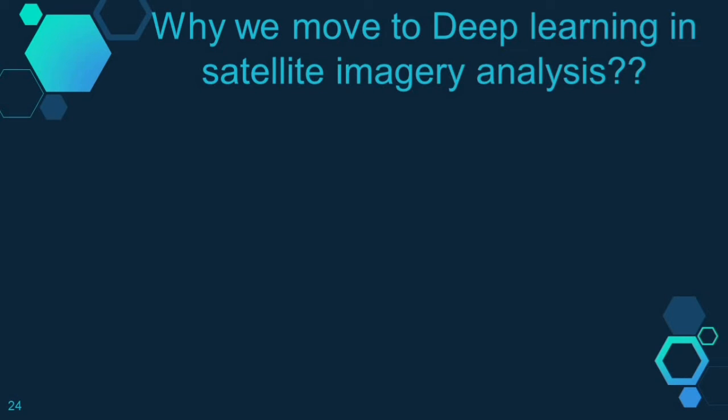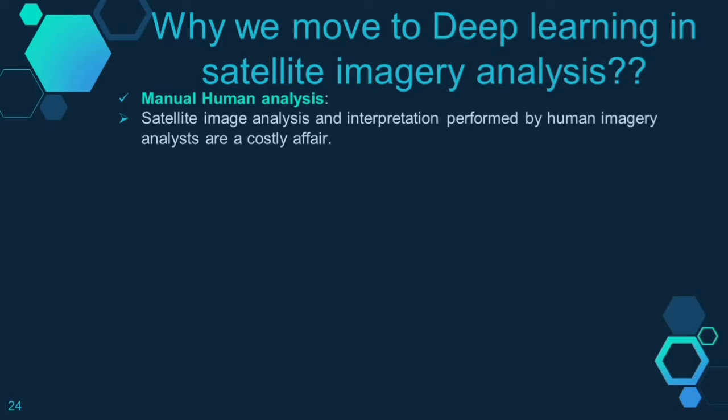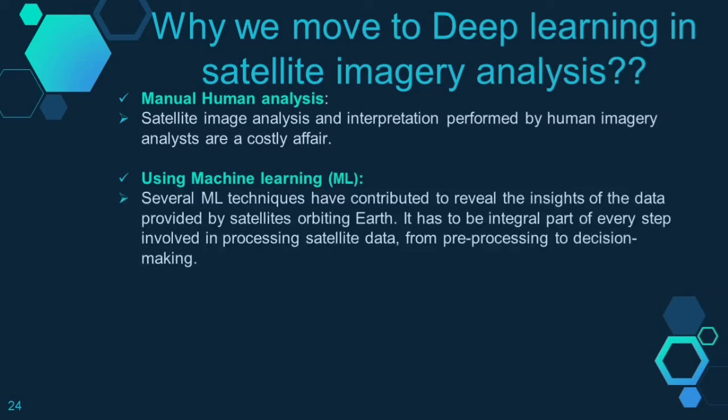Now we are going to see why we are moving to deep learning in satellite imagery analysis. First, manual human analysis. Satellite image analysis and interpretation performed by human image analysts is a very costly affair. Then, using machine learning, several ML techniques have contributed to revealing the insights of the data provided by satellites orbiting Earth.